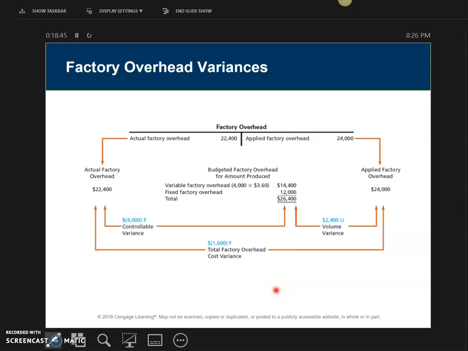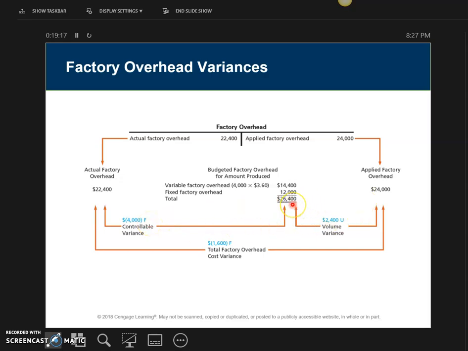This is the key factor here, especially this part down here. This is my factory overhead. This is the actual side over here, this is the applied side, and this is the budget. Applied is budgeted. My controllable variance, if you remember that's variable, was 22,400 minus 26,400, which is negative 4,000.